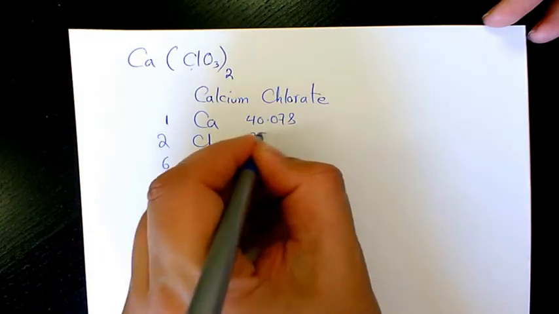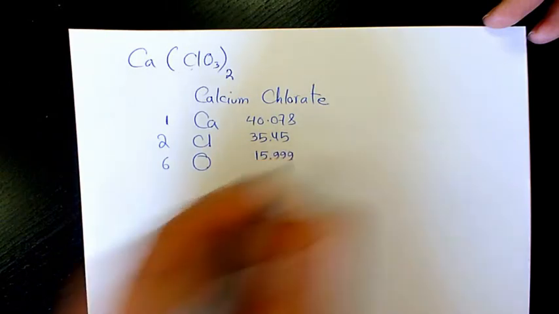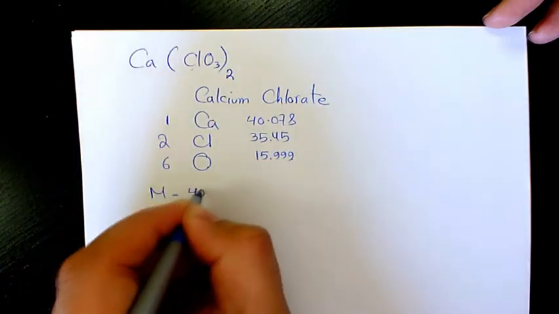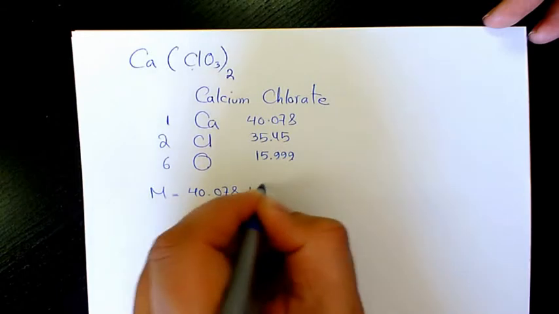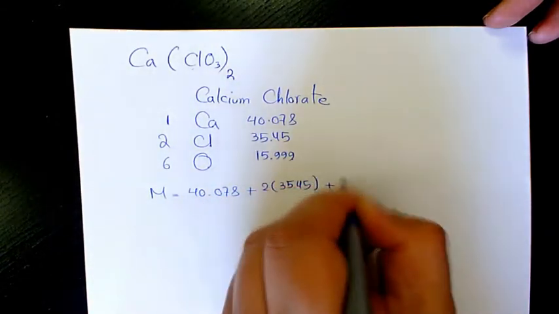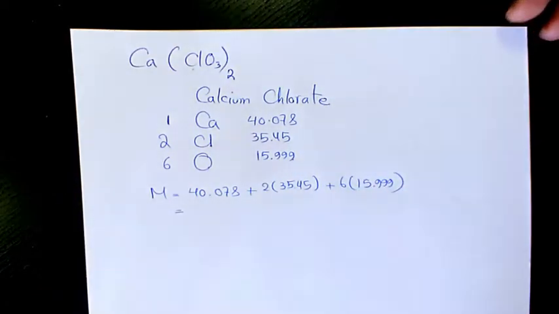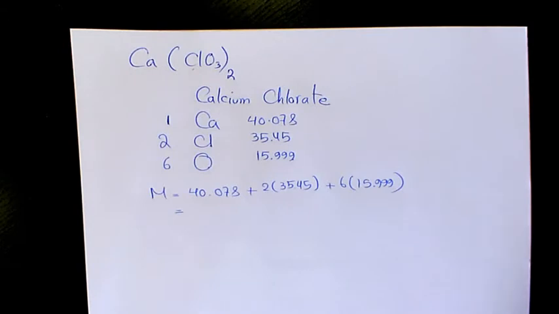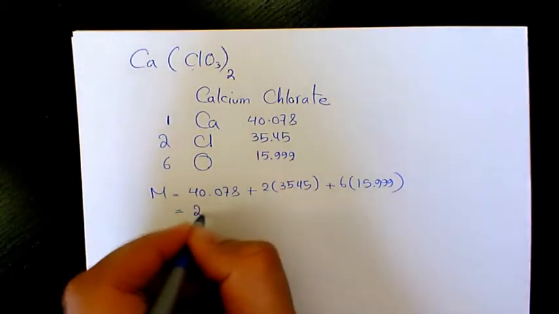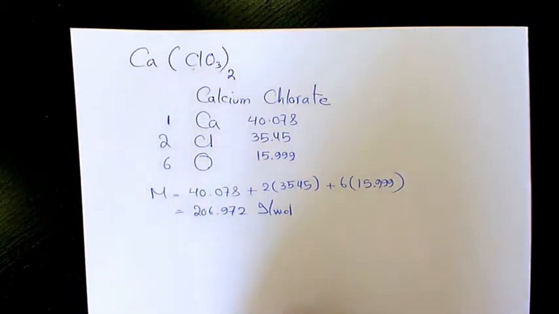Chlorine is 35.45. Oxygen is 15.999. So molar mass is going to be 40.078 plus 2 times 35.45 plus 6 times 15.999. That's going to give me 206.972 grams per mole.